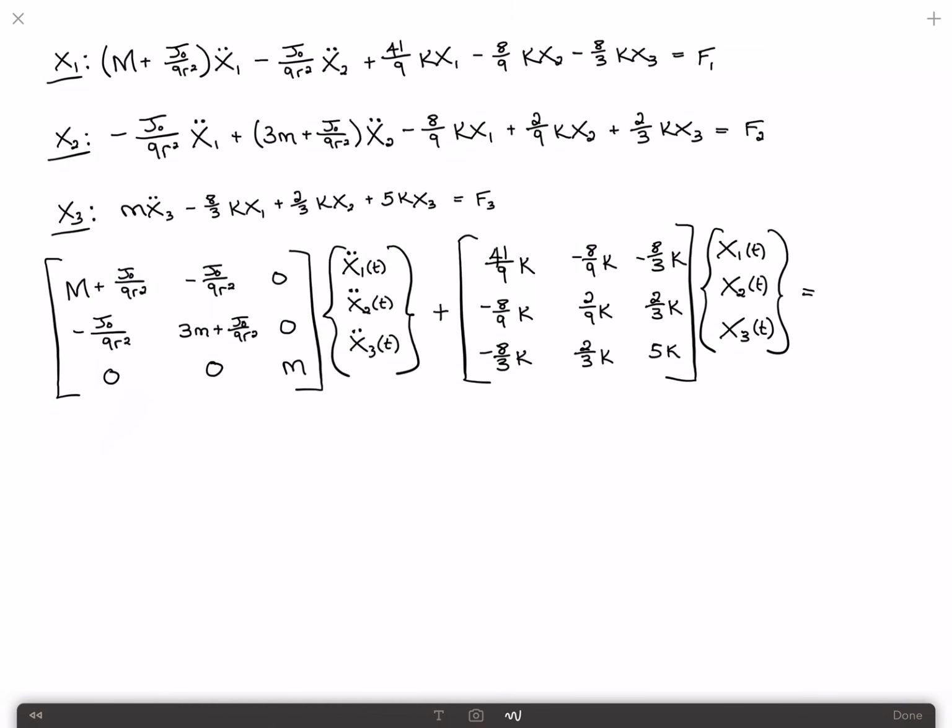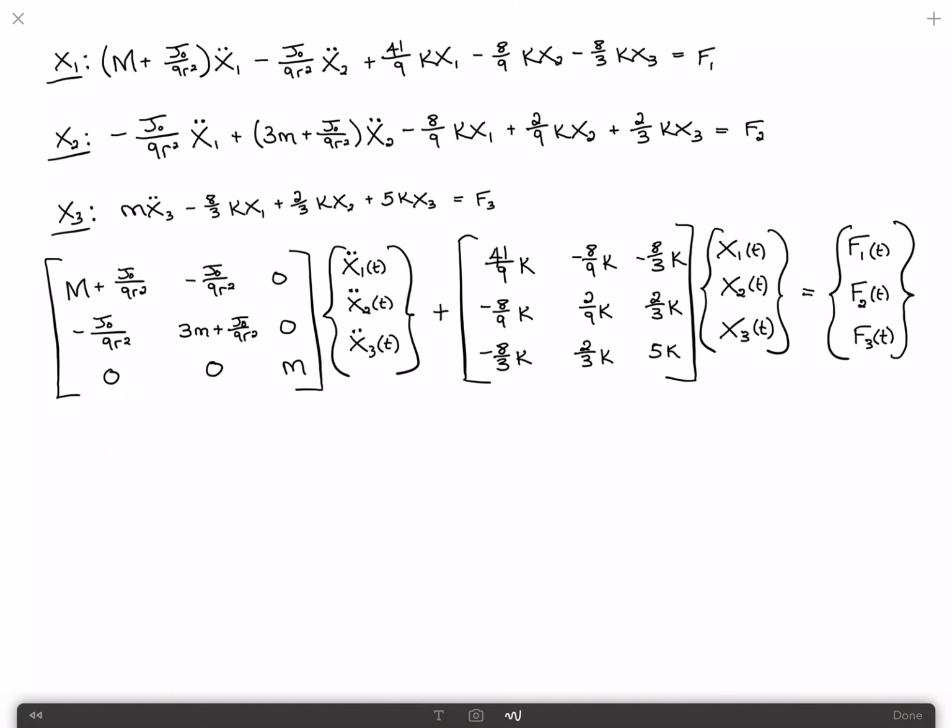and that is equal to the vector of generalized forces. In this case, it's f1 of t, f2 of t, and f3 of t.